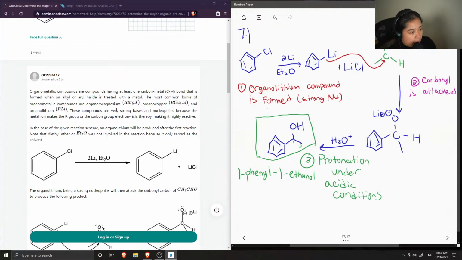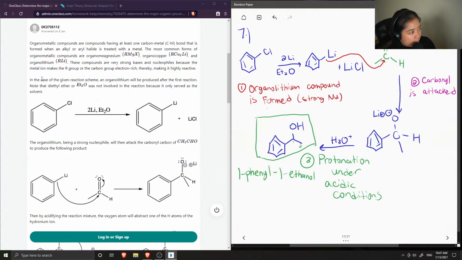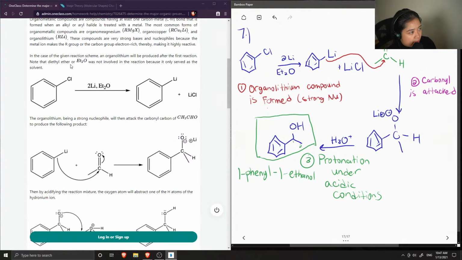These compounds are very strong bases and nucleophiles because the metal ion makes the R group, or the carbon group, electron rich, thereby making it highly reactive. In the case of the given reaction scheme, an organolithium will be produced after the first reaction. Note that diethyl ether was not involved in the reaction because it only served as the solvent.